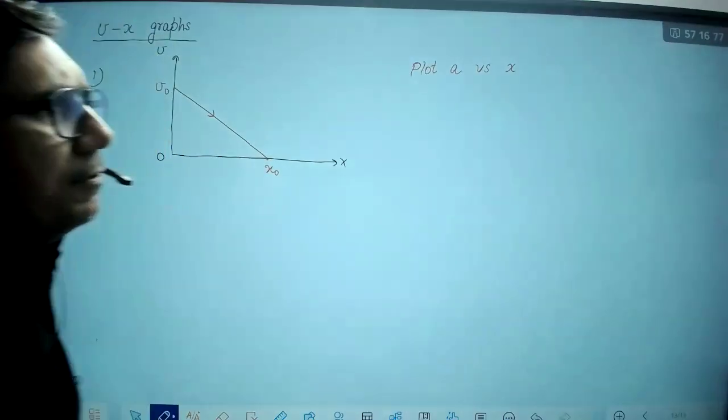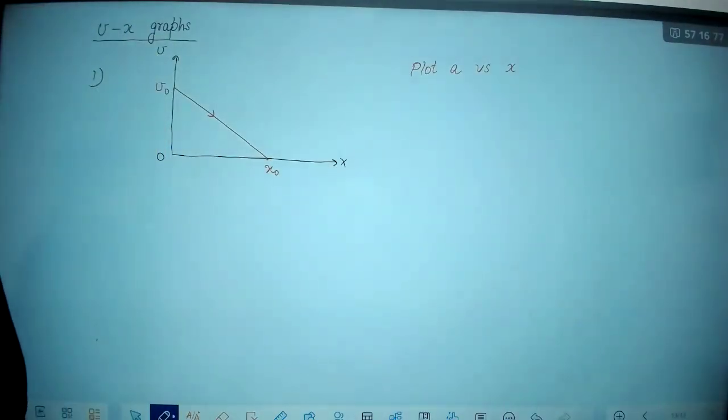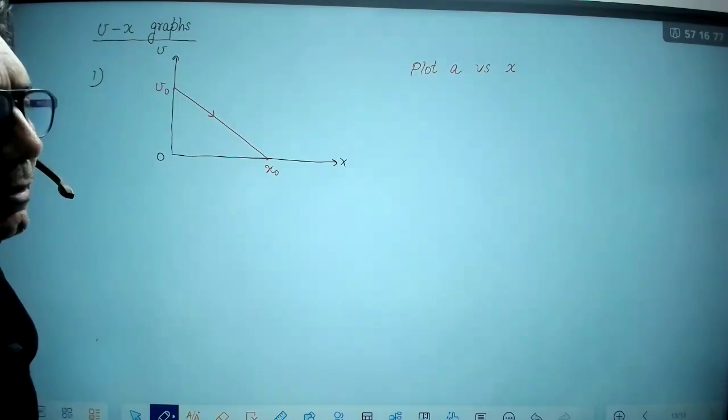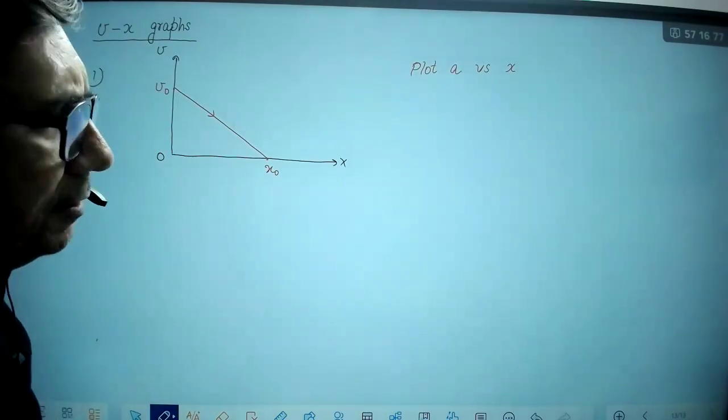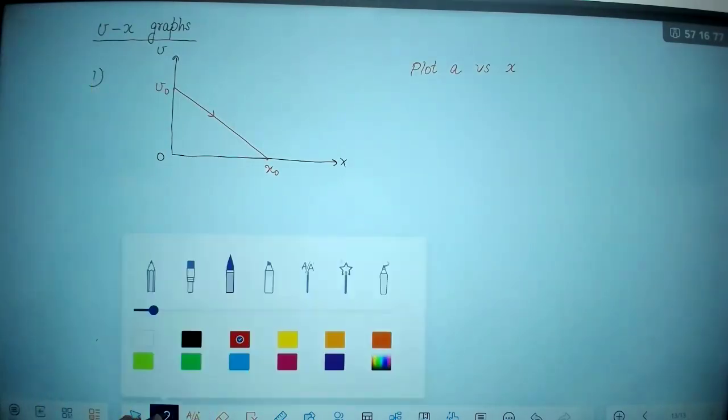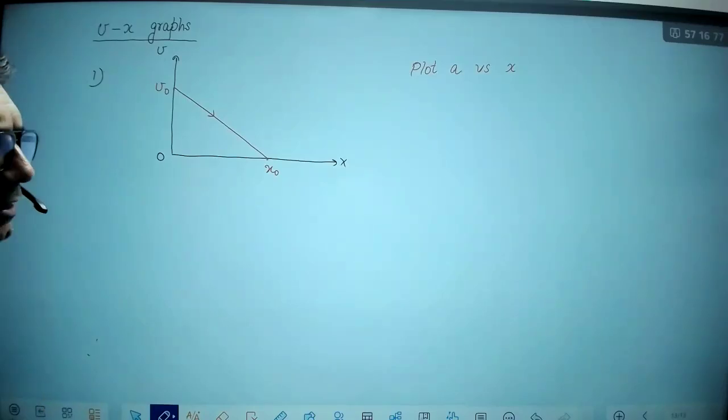I need this graph, a versus x graph. Acceleration as a function of x. How can you find this out? This is a very good question. This can be asked any time in any exam.